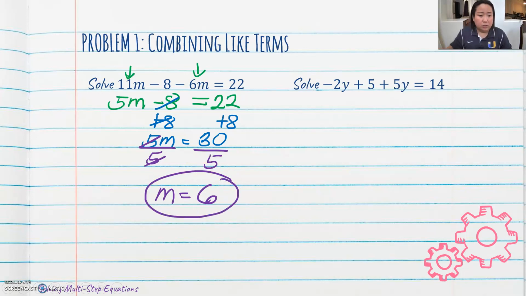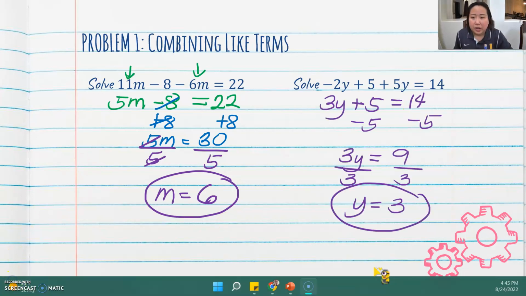Using the two examples that we just did, I would like you to try out the third example here on your own. Go ahead, solve it. You should end up with y equals positive 3. If you can follow this solution here, you will end up with y equals 3.